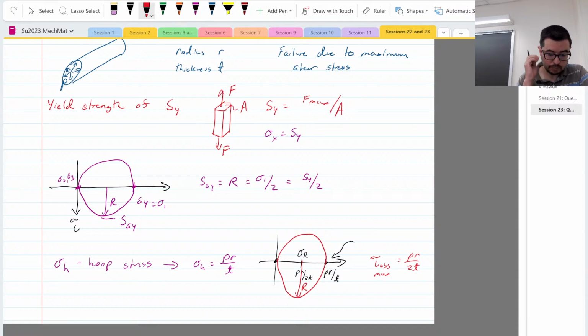Well, the safety factor is going to be whatever you have for your SSY, the yield strength, divided by the absolute max.